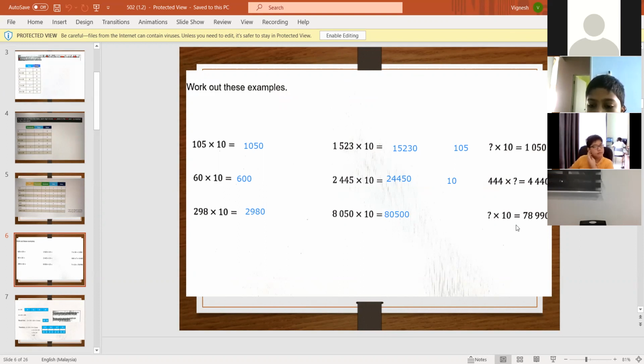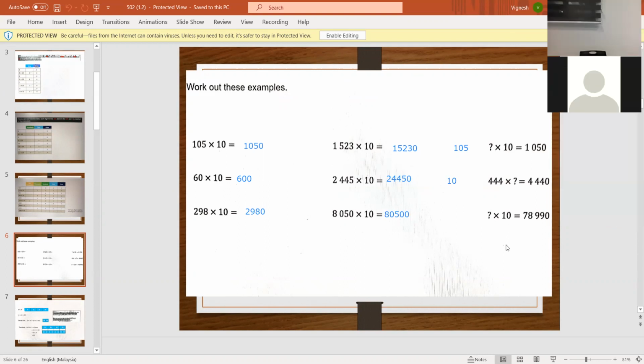Your answer is supposed to get 78,990 if you multiply it by 10. Jingze. Just now who tried? Sheng En or Sheng Wei? Sheng Wei. Oh, sorry. Okay, Sheng En, you can try the last question here.